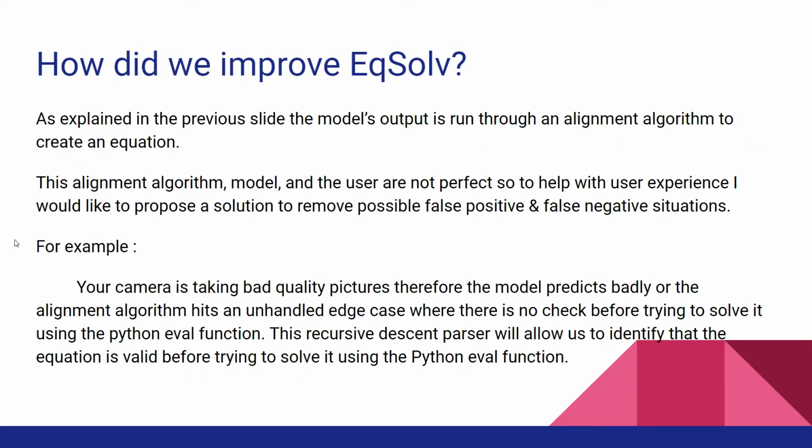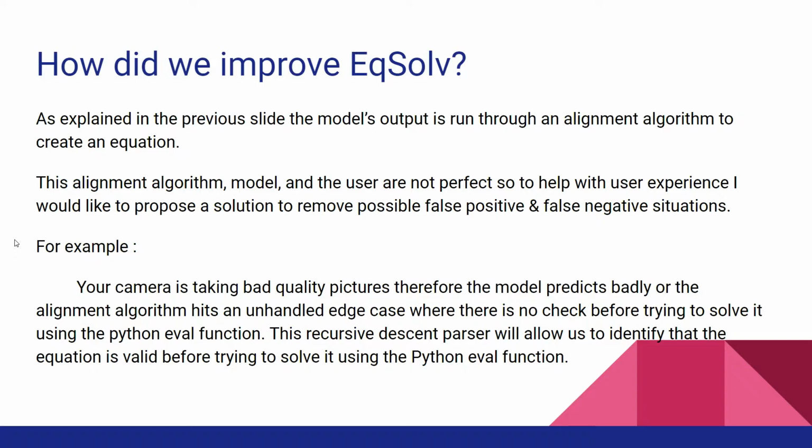How did we improve EQ? As explained in the previous slide, the model's output is run through an alignment algorithm to create an equation. This alignment algorithm, model, and the user are not perfect, so to help with user experience, I would like to propose a solution to remove possible false positive and false negative situations.